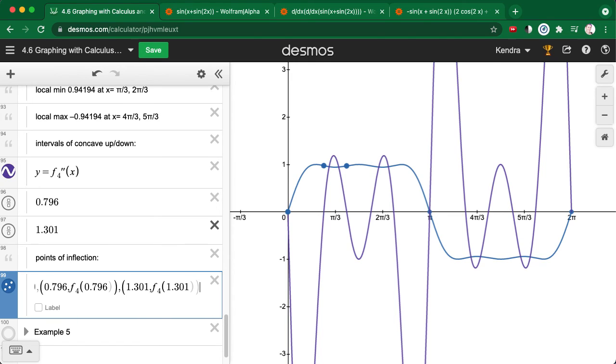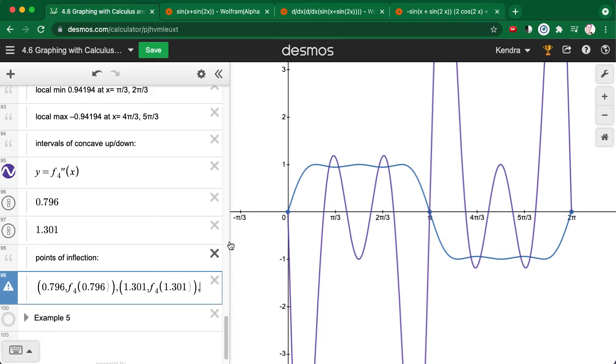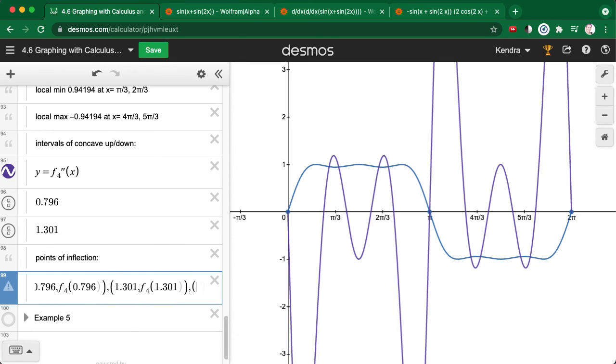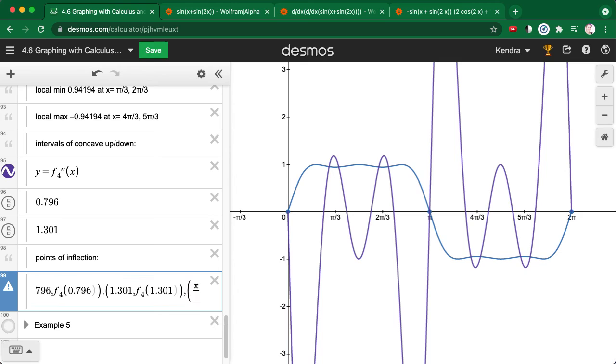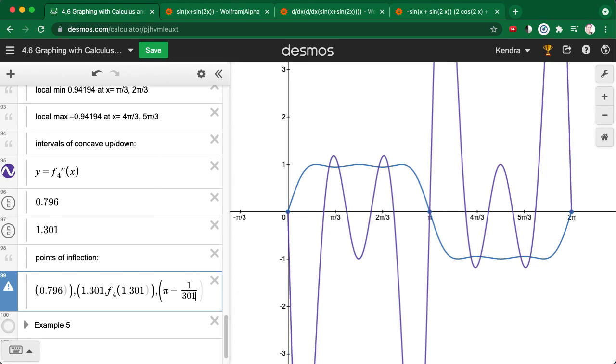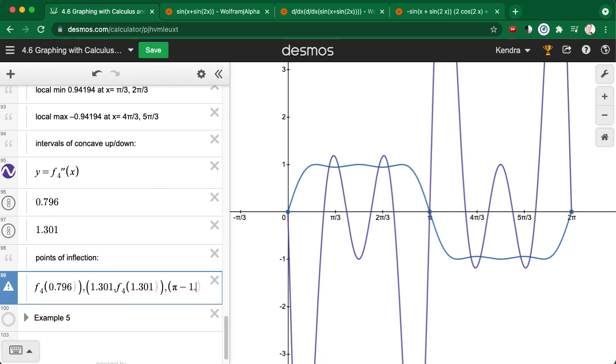And then the next one would be this one here, kind of the analog of this, so it's pi minus 1.301, and f of that number.